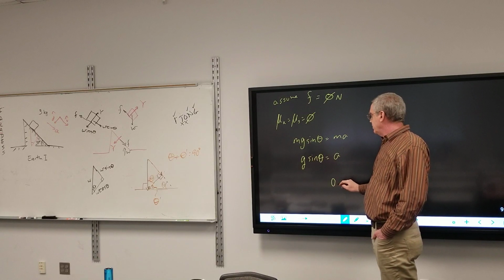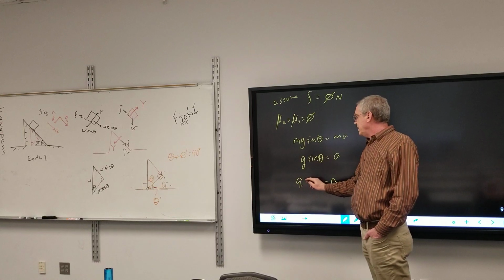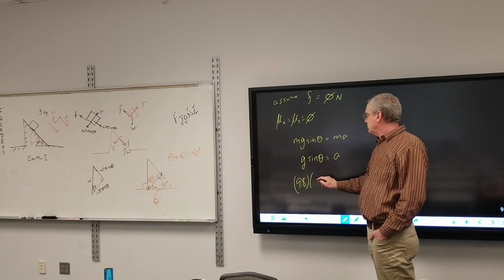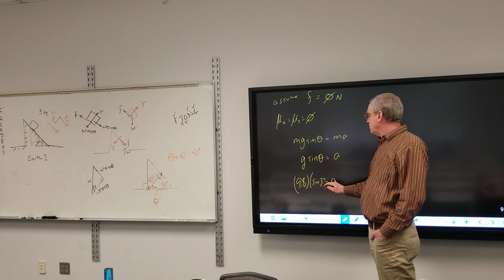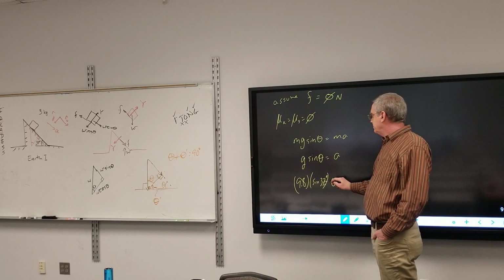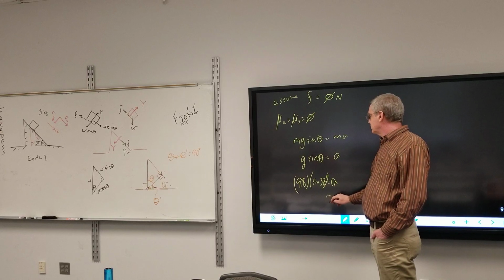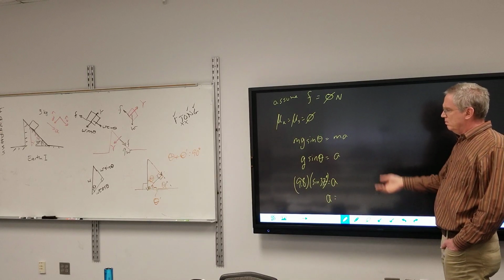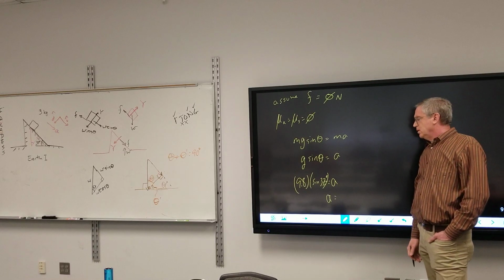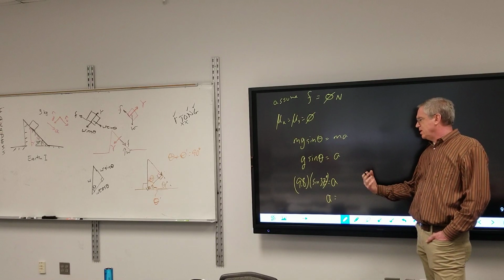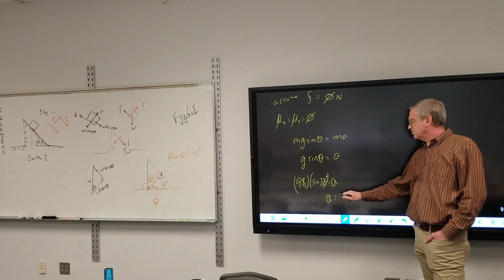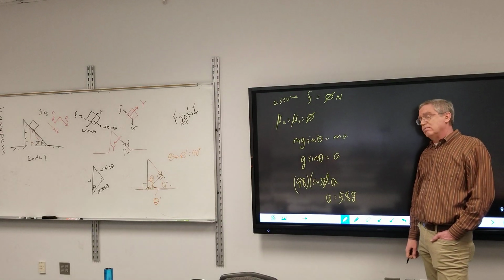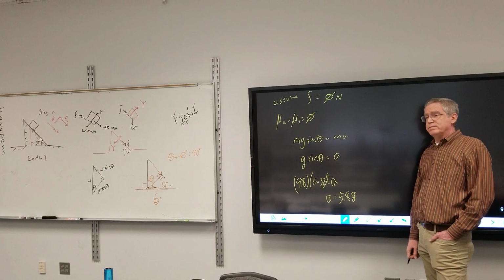And so therefore the acceleration is 9.8 times sine of 37 degrees. And so the magnitude of my acceleration is 5.9 something, 5.88. And then, let's not forget units: meters per second squared.